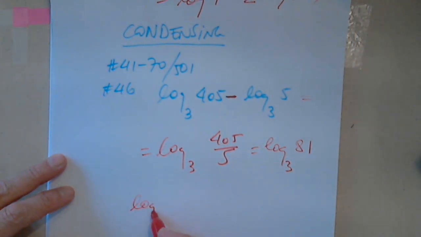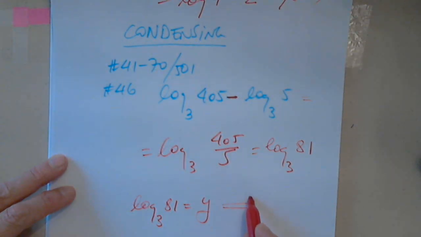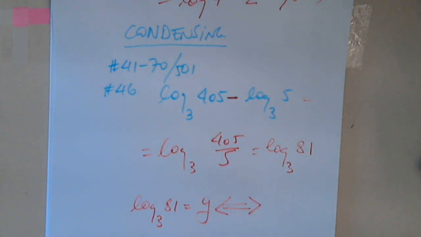So let's say log base 3 of 81 is an unknown number, y. But I know that every log equation can be changed into an exponential equation. How do I change this? Remember, we always start with the base. We raise it to this number. We go counterclockwise. 3 raised to y equals 81.